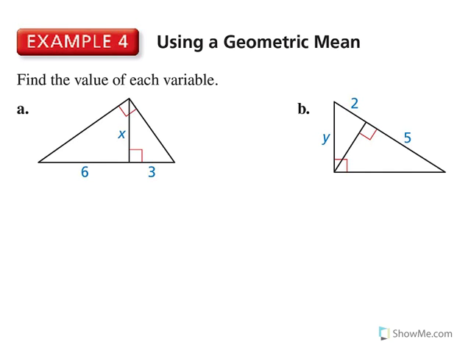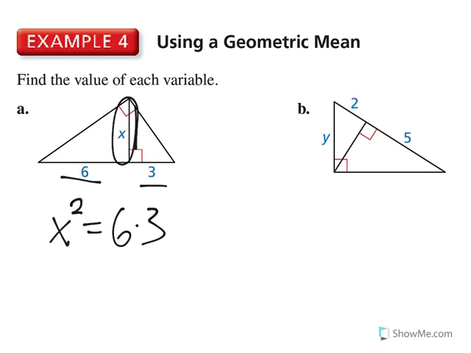So this first problem, A, I'm going to set up using geometric mean. If you would like to set up the similar triangles, it will work the same. Here we have an altitude in the middle, and then we have our two parts on the other side of the big triangle. So the altitude squared is equal to the two parts multiplied together.